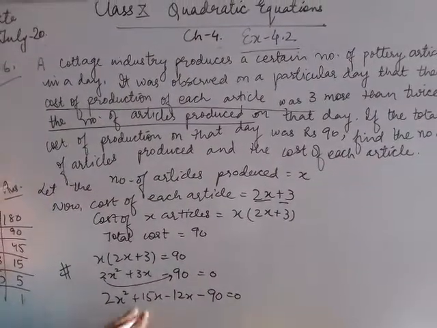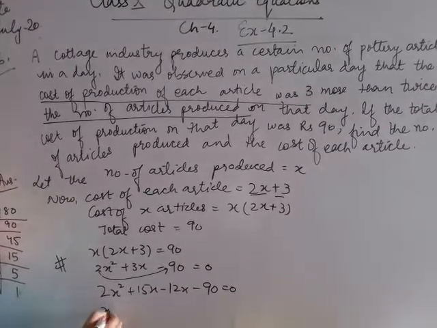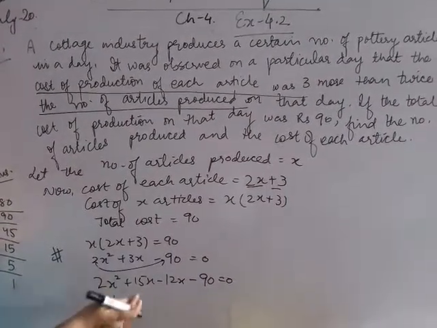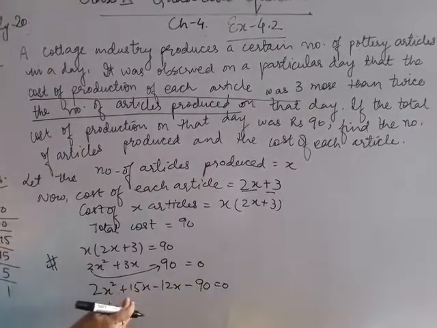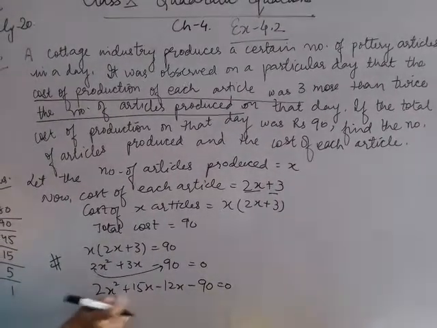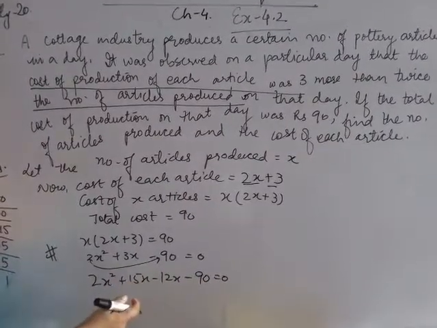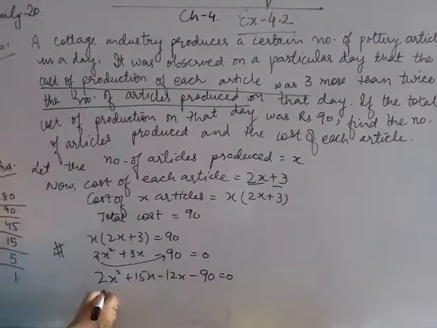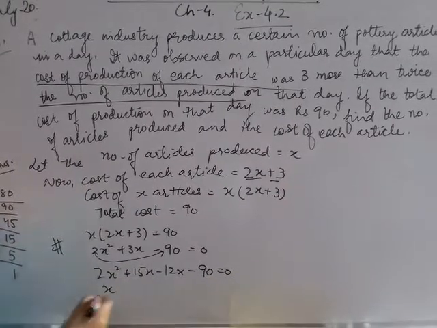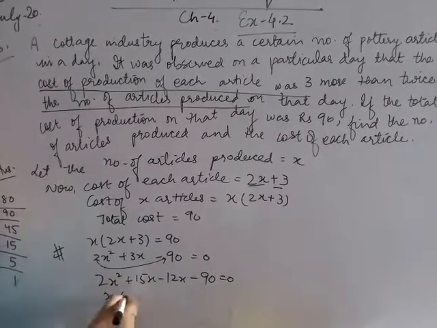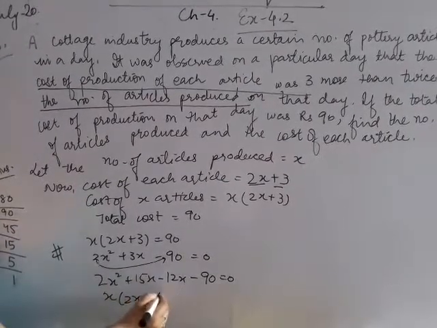Okay. So there is nothing common in between. So we will take x common. Now it will be x is common, so we will be left with 2x plus 15.